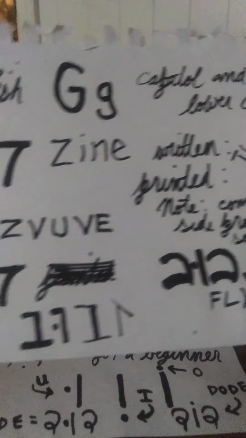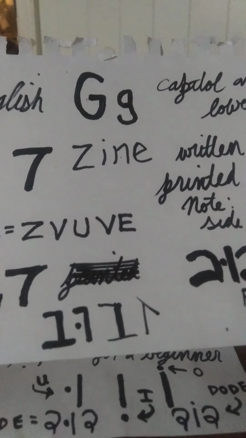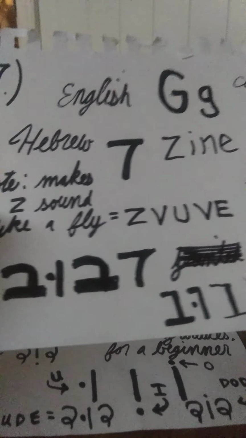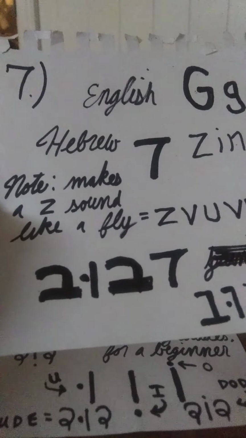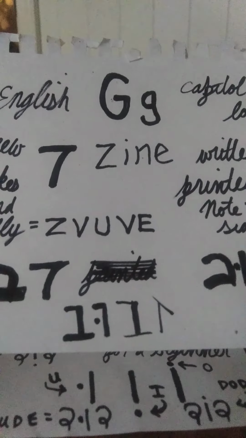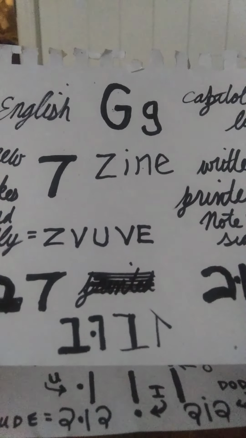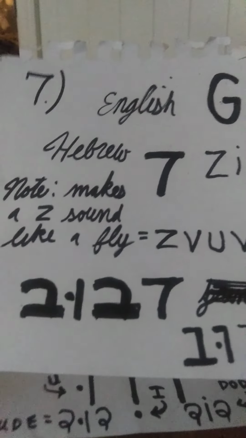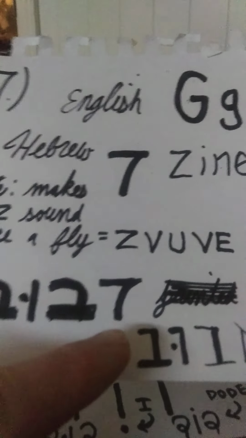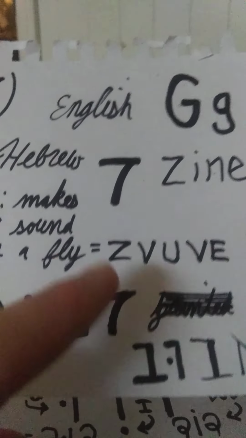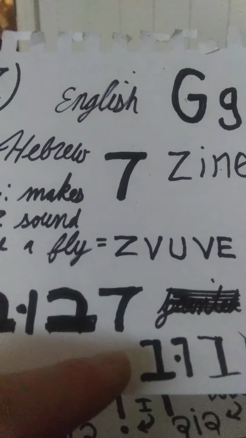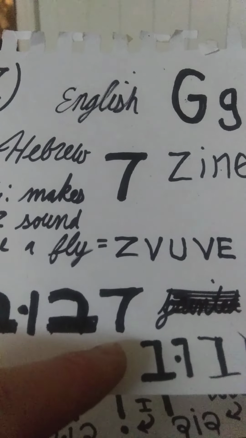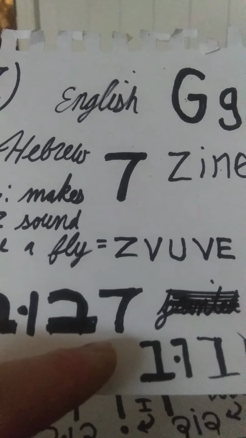Okay, and that's the written form down here. See, so we have our printed, I should say. So it's the same thing. Here's the printed form of it. So it looks like a 7 almost, but that's the Zayin.